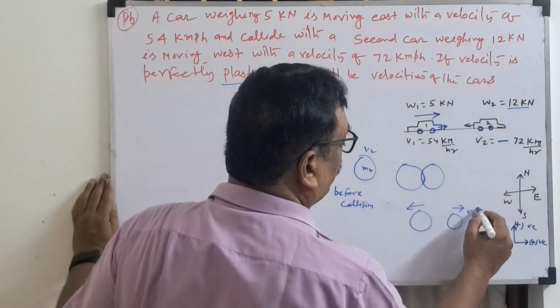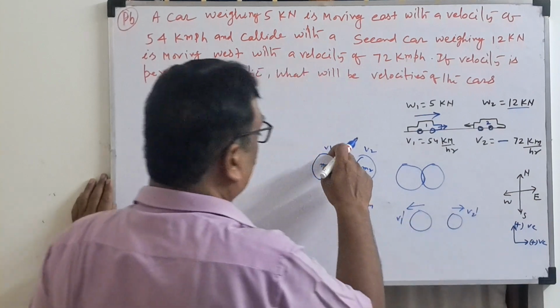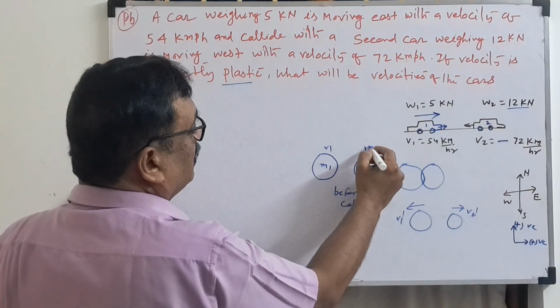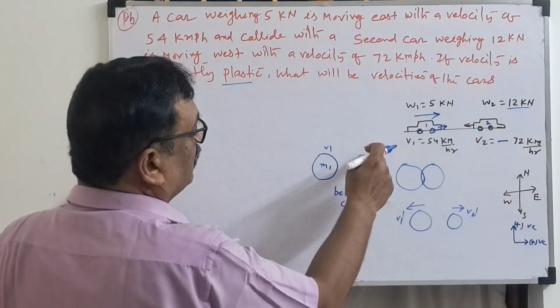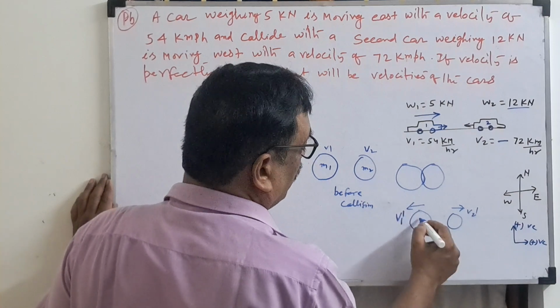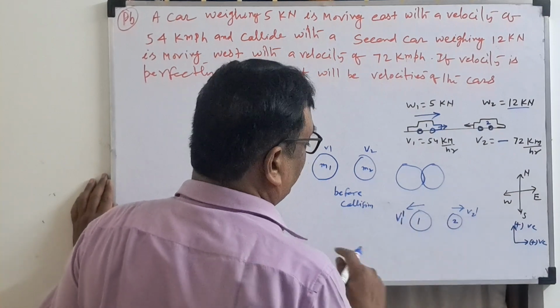So v1 is the velocity before collision for block 1, v2 is before collision for block 2, and after collision v1 dash for block 1 and v2 dash for block 2.